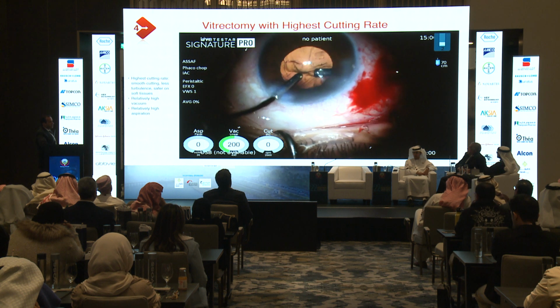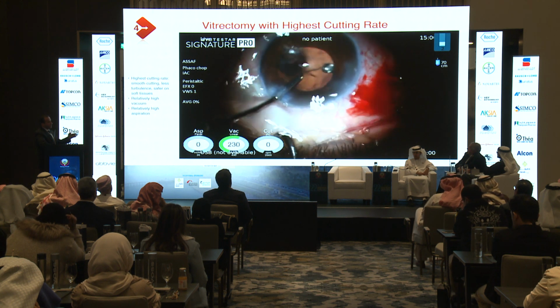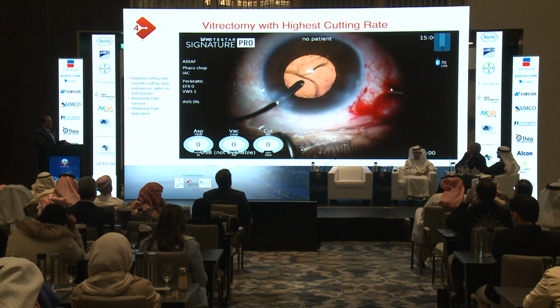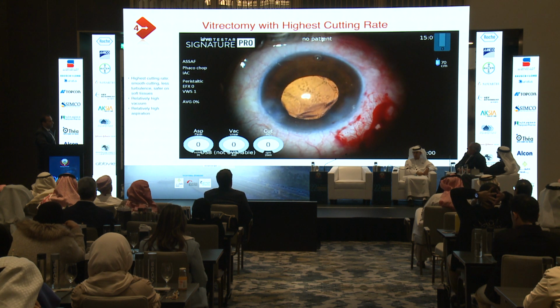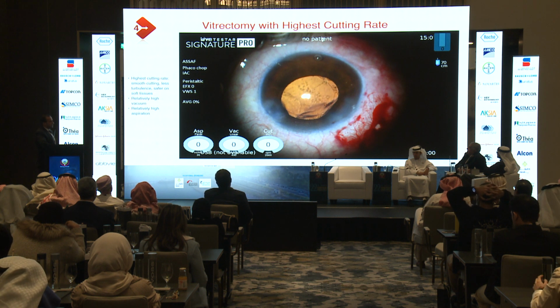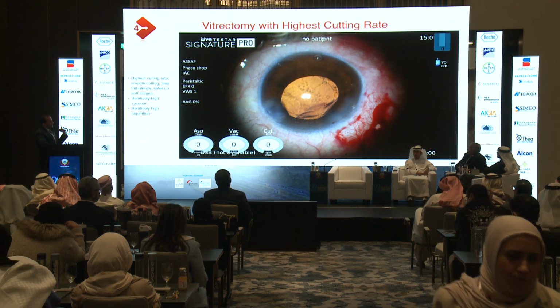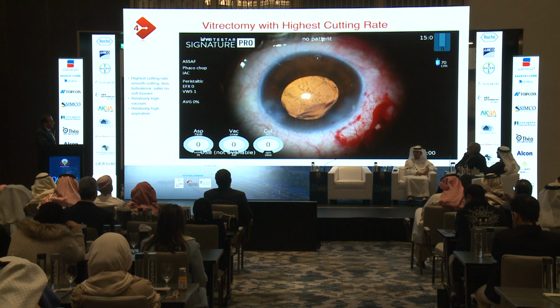You may switch sometimes to irrigation, aspiration, cut, according to whatever you are going to remove. If you have some cortex after removing the vitreous, we can switch to irrigation, aspiration, cut, and here it acts as irrigation aspiration, then cut any vitreous knuckle that intervenes between the cortex and the vitrector probe.